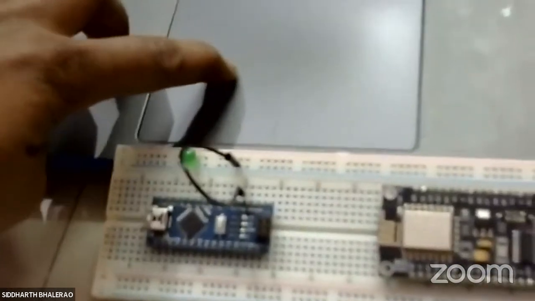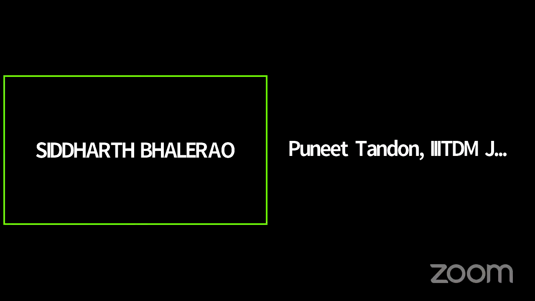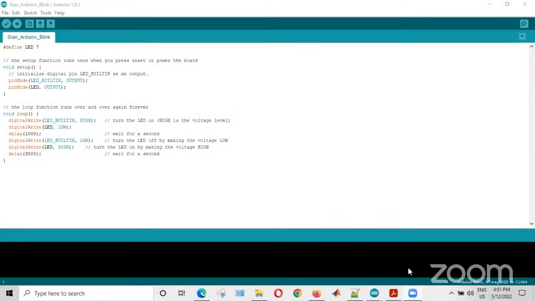So I'll switch off the camera and I'll go to my screen. I hope my screen is visible. So right now what you can see on my computer screen is Arduino IDE, and this is a very simple program called as blink.